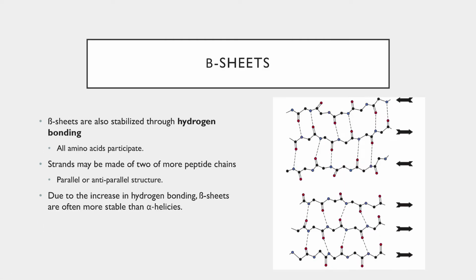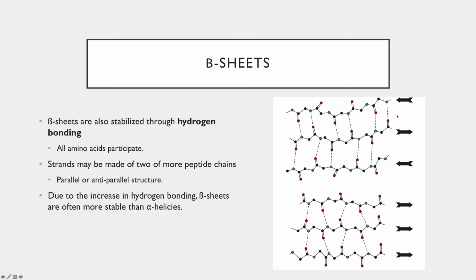Beta sheets are also highly stabilized through hydrogen bonding. Beta sheets are a more stable secondary structure, as all amino acids participate in this hydrogen bonding, as shown here in these dashed lines. The strands may be made up of 2 or more polypeptide chains, and these can be in a parallel or anti-parallel structure.